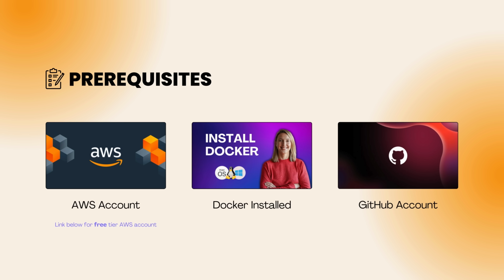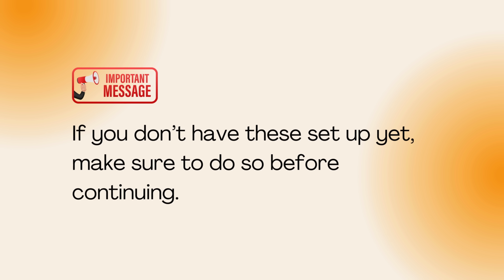And lastly, you'll need a GitHub account. If you haven't set it up already, please go here to sign up now. An important thing to note here is that if you haven't done these steps already, please make sure to do so before continuing further.